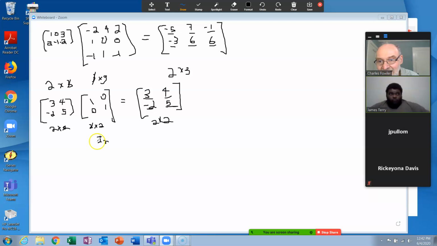And anytime you multiply any matrix that you can multiply by the identity matrix, you always get the same size and the same entries back. The other matrix will just replicate itself.